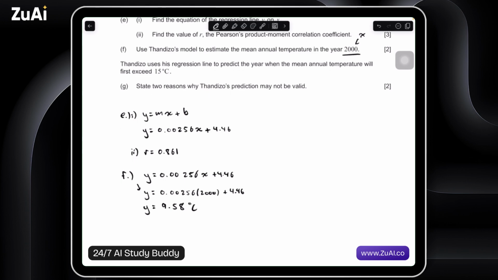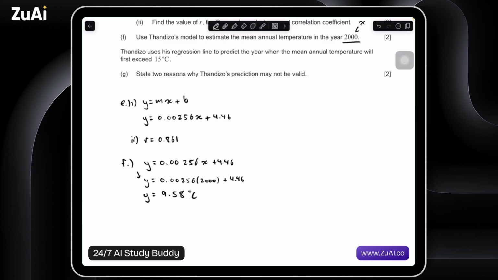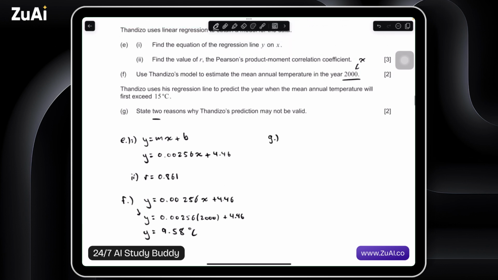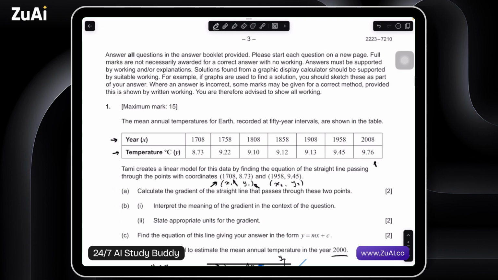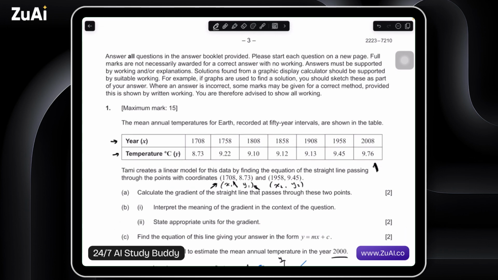Part G asks us to state two reasons why Thandiso's prediction may not be valid. So let's write G right here. Two reasons why Thandiso's prediction might not be valid. First thing is, if he's trying to predict when it's 15 degrees Celsius, we see our model, its endpoint right here once again.